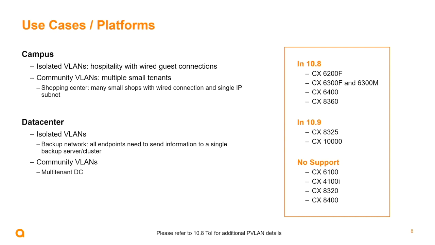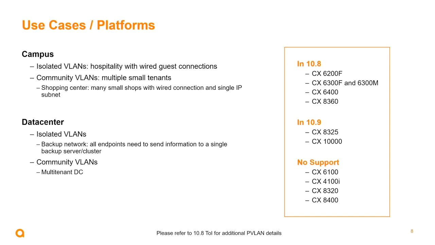When we're looking at data center environments, isolated VLANs are commonly used as a backup network, where all of the devices in that isolated VLAN will need to send information to that backup server or cluster. Another example in a data center would be a multi-tenant data center where we're going to be using community VLANs.